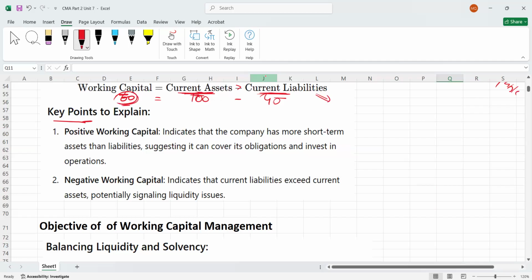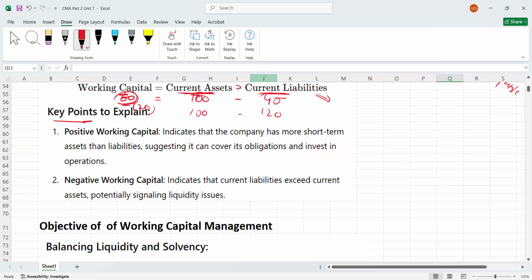But if you have current assets of $100 and current liabilities of $120, then you will get an answer of negative 20, right? This negative working capital indicates that your current assets are lower than current liabilities, or your current liabilities exceed current assets.